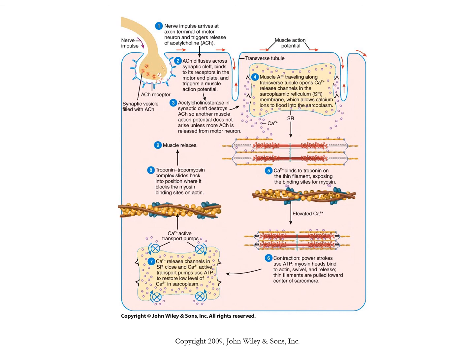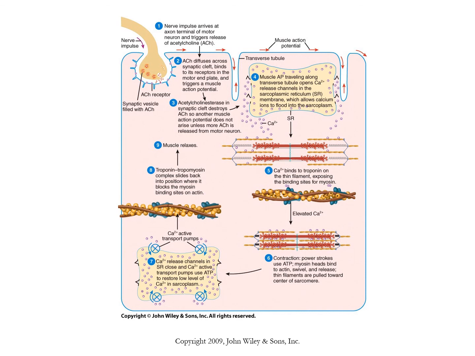In step 4, the muscle action potential that travels down the T tubules results in the opening of calcium channels in the sarcoplasmic reticulum within the muscle cell. Calcium then diffuses out into the sarcoplasm. In step 5, calcium binds to troponin on the thin filaments. This pulls away the tropomyosin and exposes the binding sites on the actin for myosin.